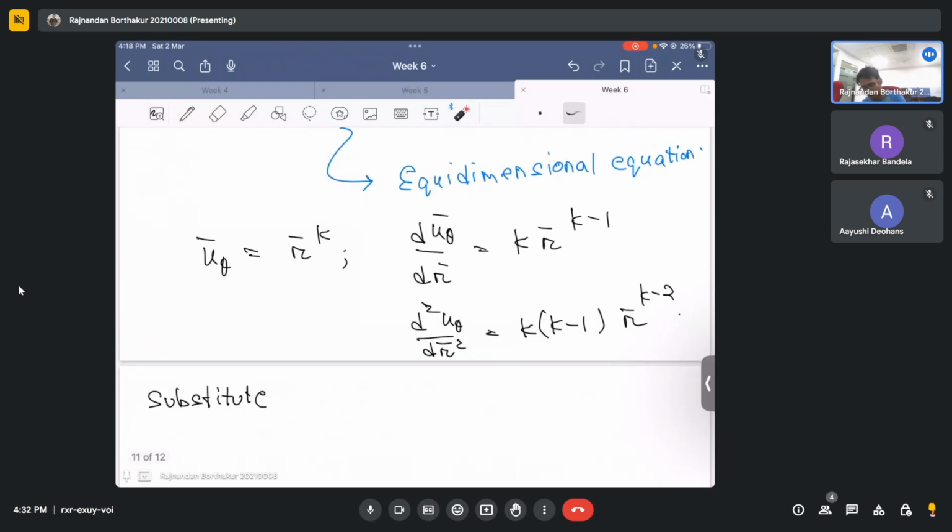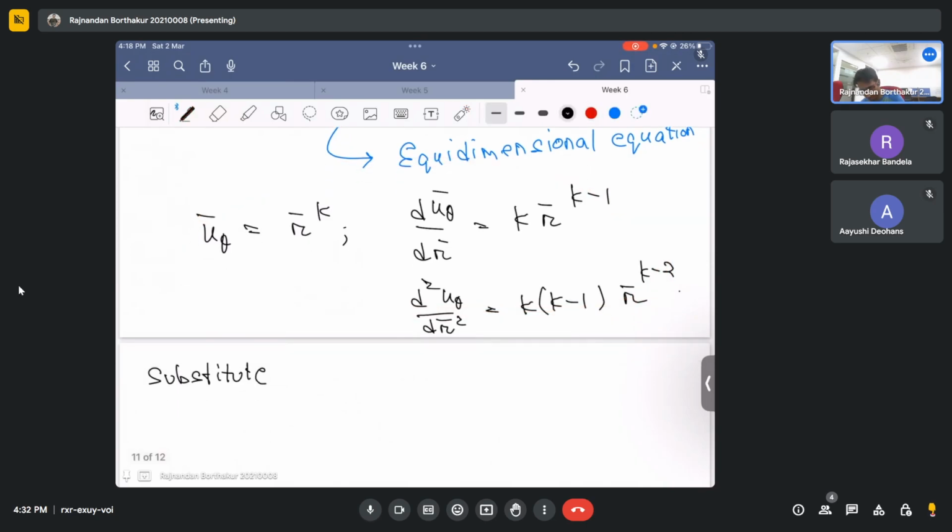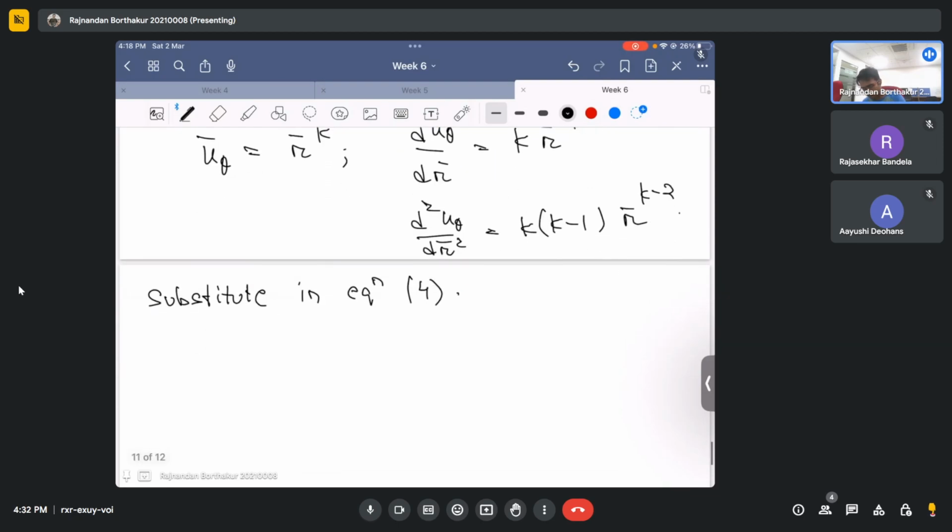If we substitute all these terms into equation 4, you will end up getting k times k minus 1, plus the second term, Re plus 1 times k, because it has the single derivative, and the third term, Re minus 1, and this would be equal to 0.